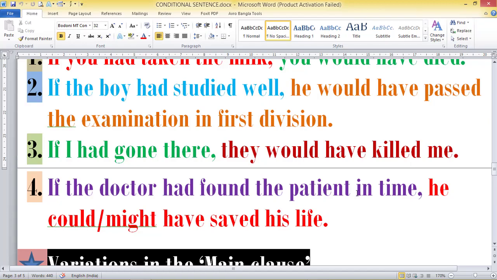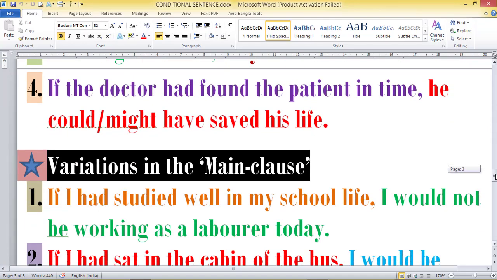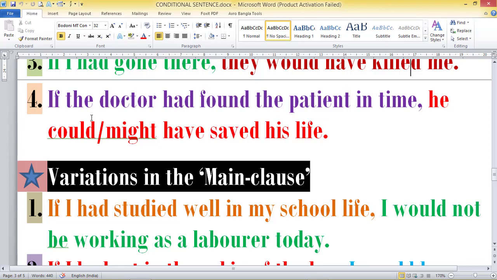Now let's go to the fourth sentence. If the doctor had found the patient in time, he could, might have saved his life. In the if clause, you will come to know, you have used past perfect tense, and in the main clause after the subject you have to use could, should, would, might as per the situation, then the perfect infinitive, that is have plus the third form of the verb.